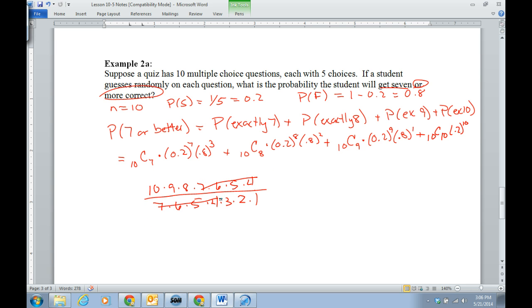This is from before, so this is just a review. So that would be the coefficient for that one. So what does this equal? In the end it equals the following. It ends up being 0.000864.